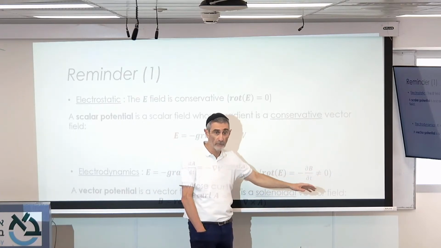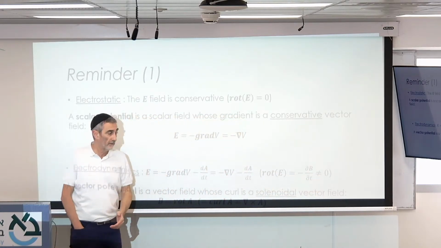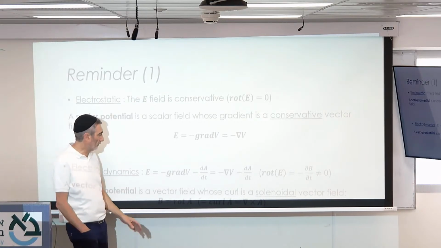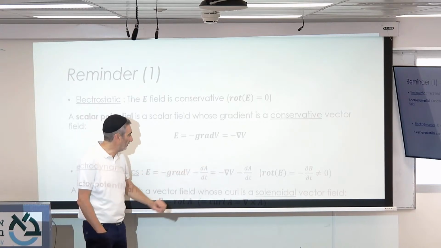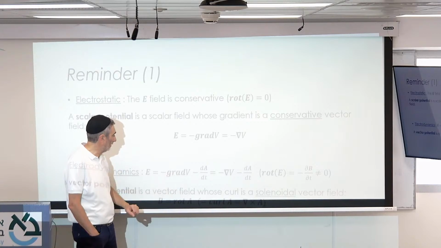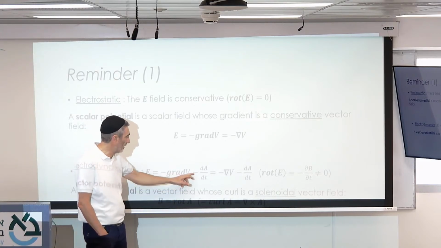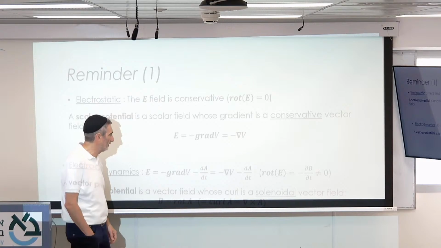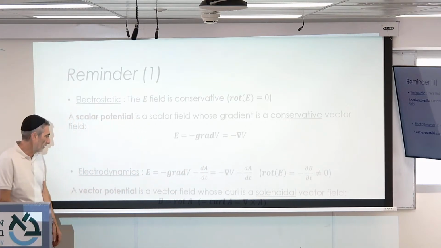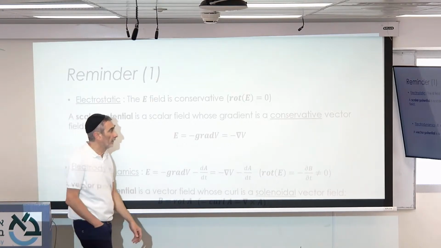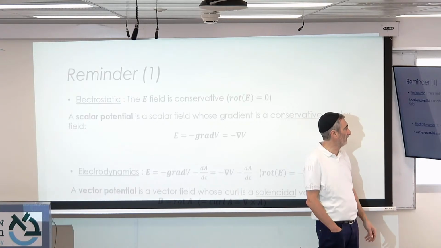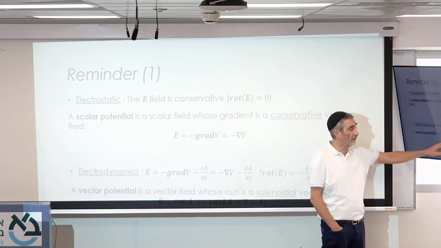So it's not equal to 0, and the field is not conservative anymore. The field needs another vector to be described: E is minus the gradient of V minus dA over dt, where A is called the vector potential. The vector potential is defined from the magnetic field B: B is equal to the rotational of A.